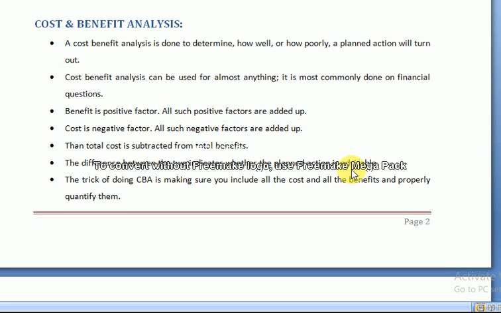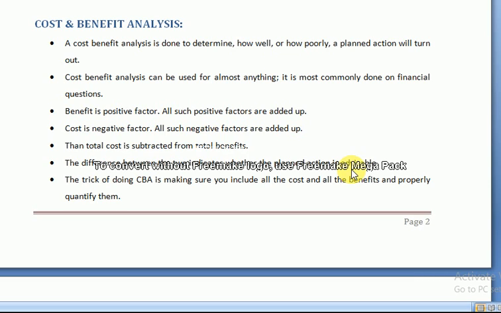We calculate all the individual costs and sum them up. Then the difference of these two indicates whether the planned action is advisable or not.